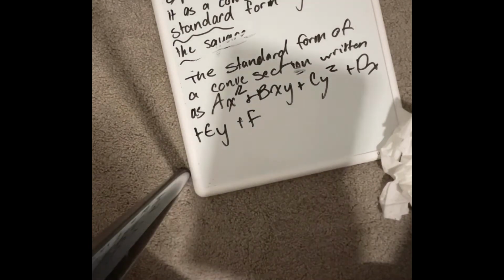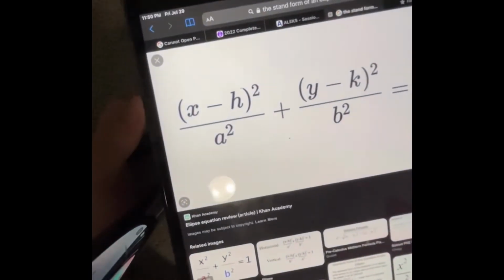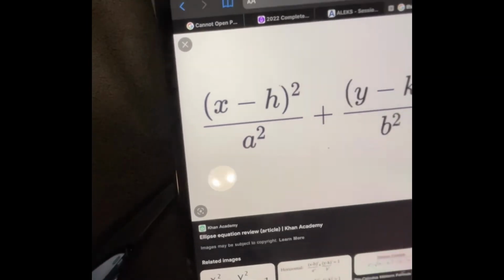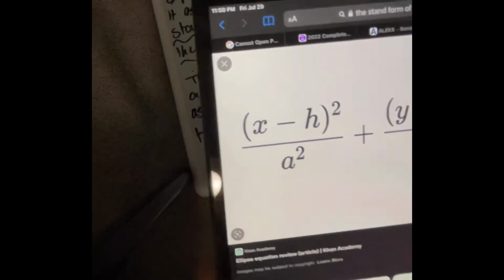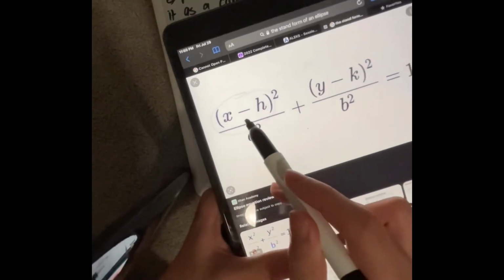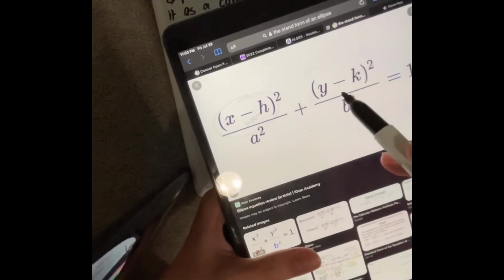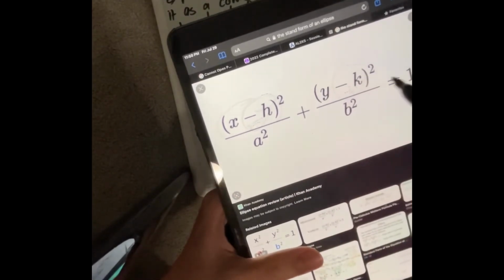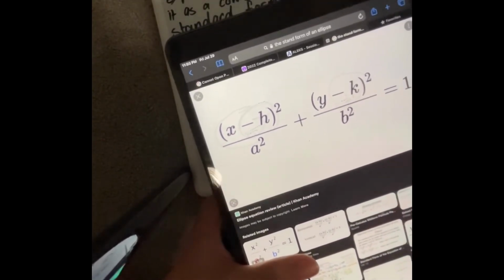The standard form of an ellipse should be this, and the reason we want the standard form is because this shows where our vertex is, and these two are where our h and k are, which is our vertex.